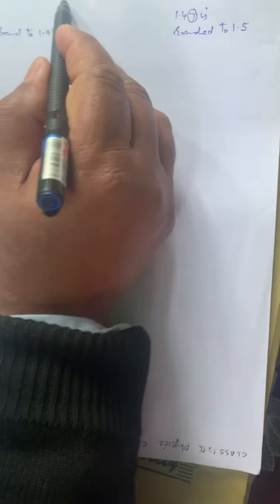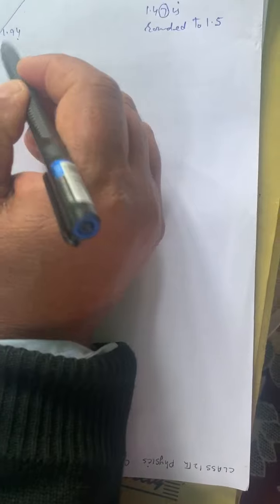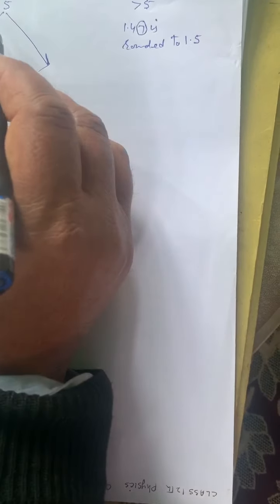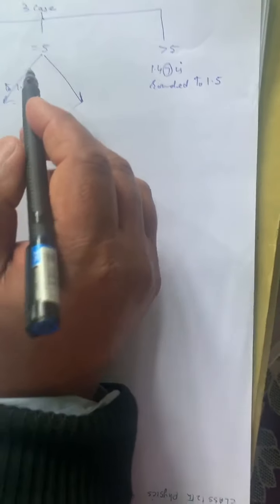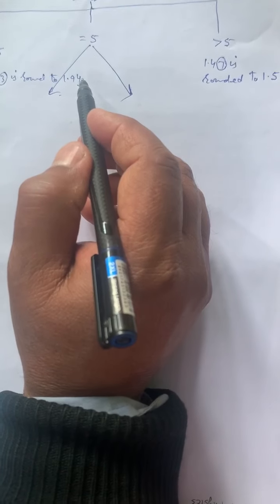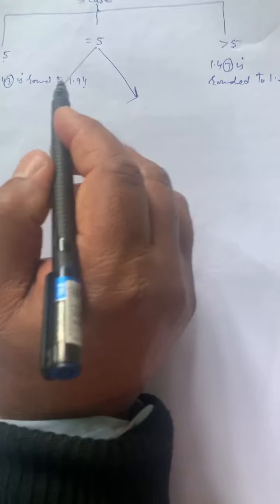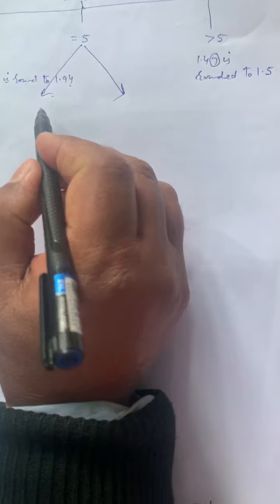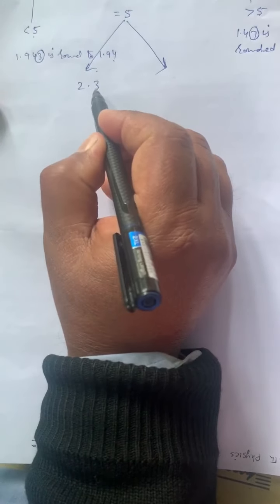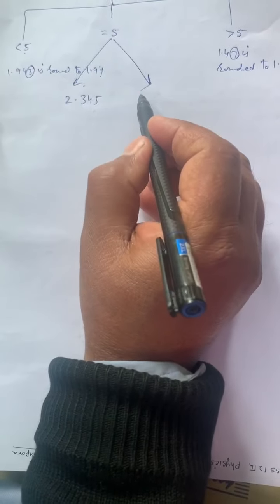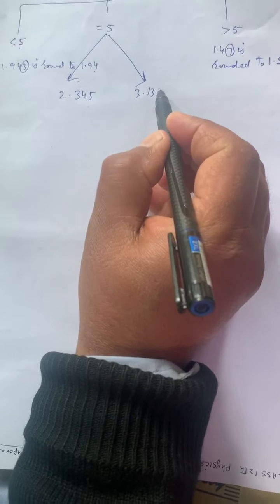One more case: if the last digit is equal to 5, for example 2.345 and 3.135.